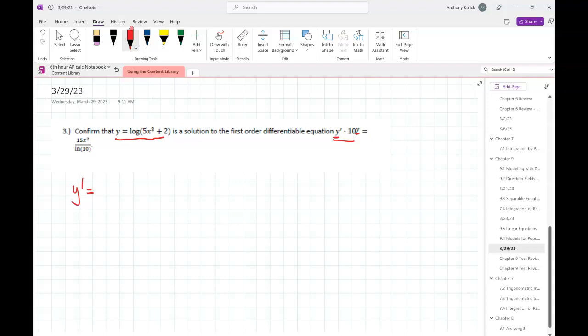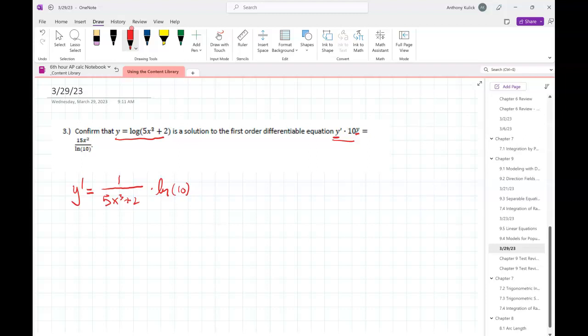So the derivative of the outside is the derivative of log, which is 1 over the insides times the natural log of 10. Why 10? That's the base of the logarithm, right? The reason we don't get that extra when we do the derivative of natural log is because you'd have the natural log of base e, which is just 1. So it just goes away.